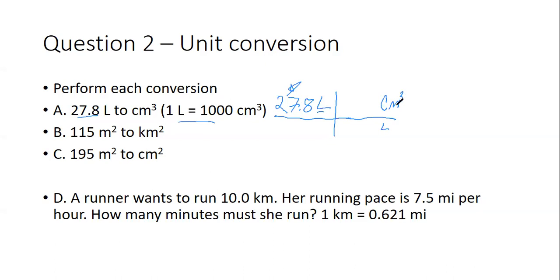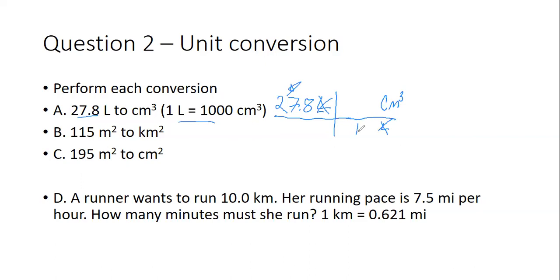All right, so if I just look at my units, and this is a good way to practice unit conversion, before you do any numbers, just put your units in and see if your units make sense. So right now, my liters are canceling, and my final unit is cubic centimeters, which is what I want.